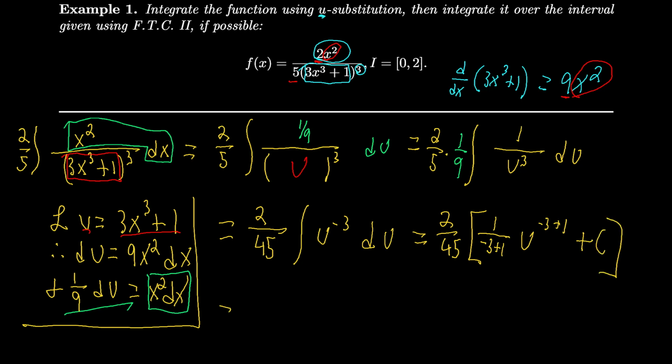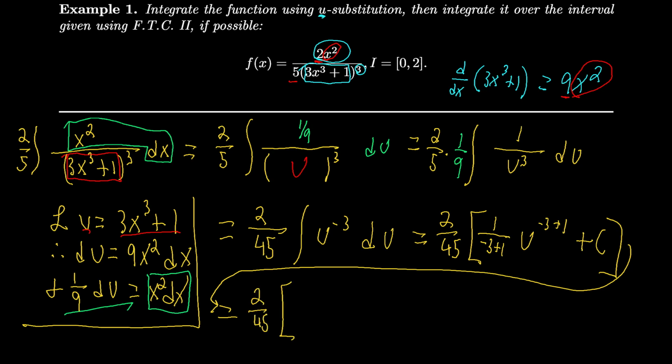So I'm going to come back down here, like this. So this will be 2/45 times negative, because -3 plus 1 is -2. This will be -1/2 u to the -2 plus c.